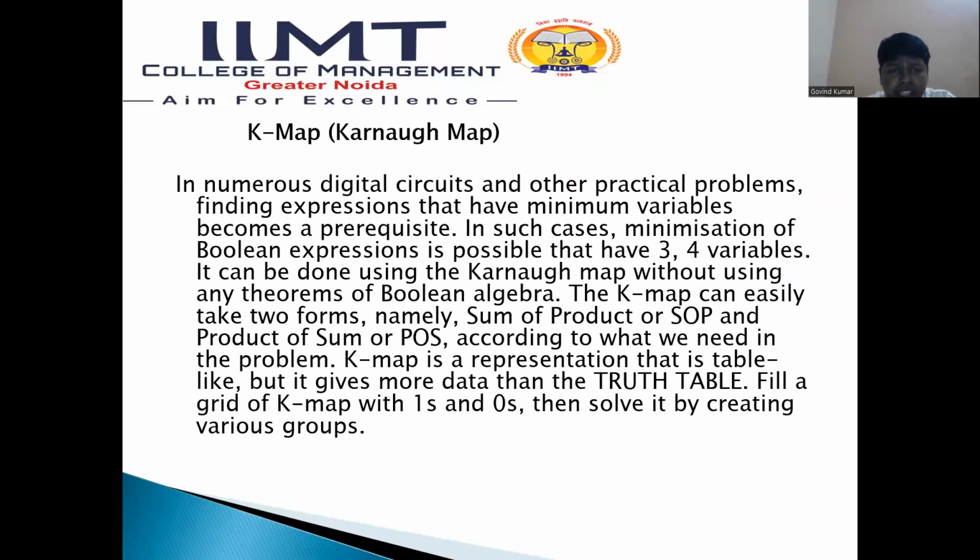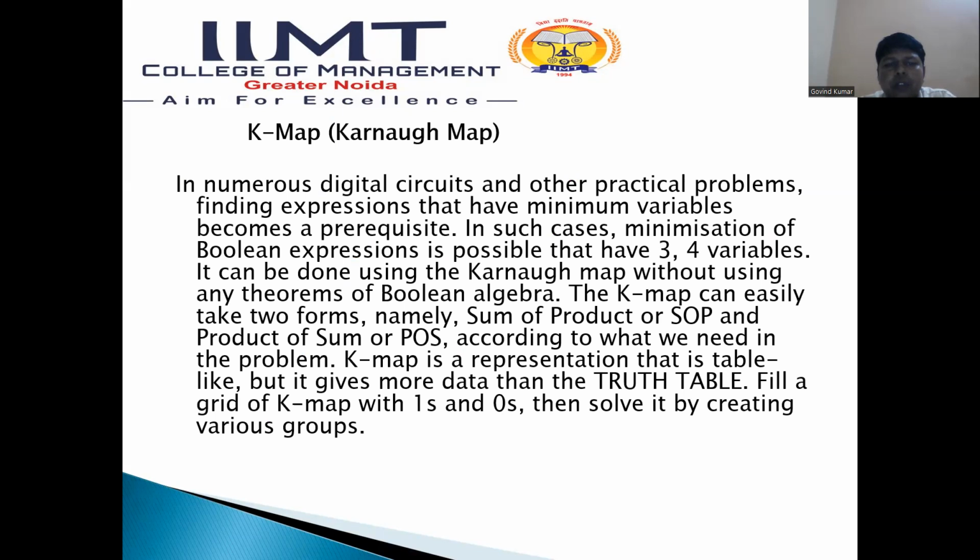Now, the Karnaugh map, or K-map, was introduced for numerous digital circuit and other practical problems. Finding an expression that has minimum variables becomes difficult. In such cases, minimization of a Boolean expression with 3 and 4 variables is possible.